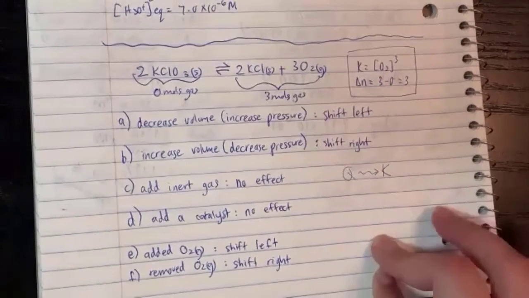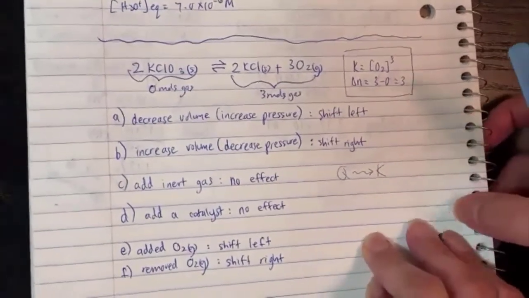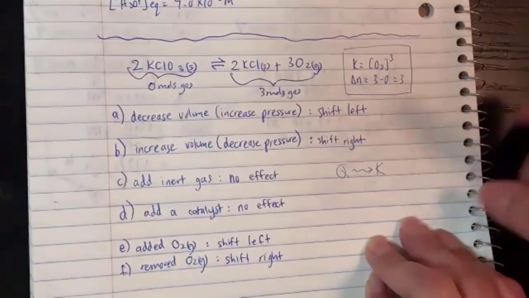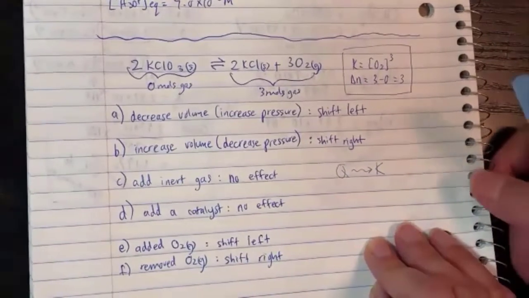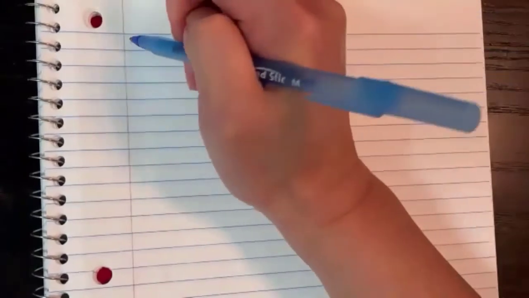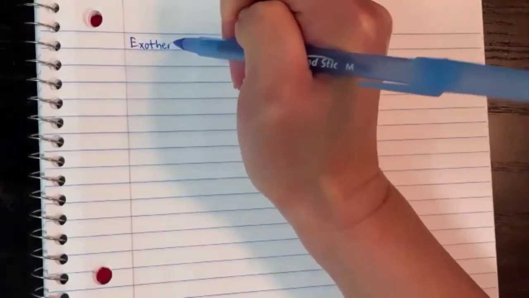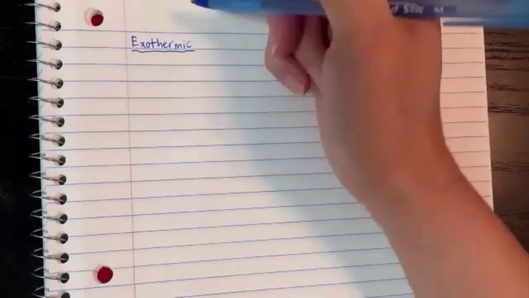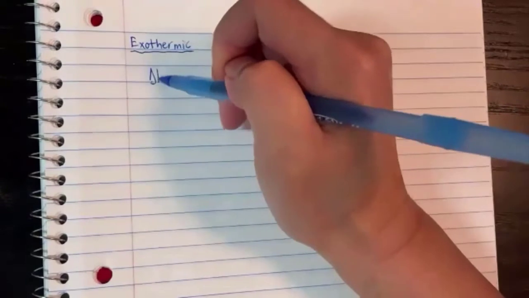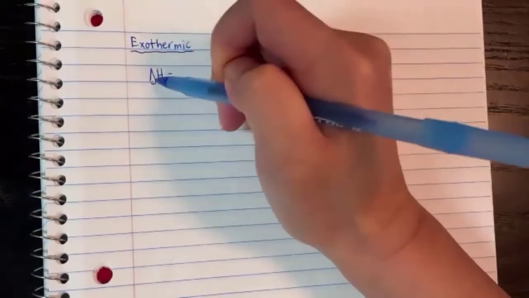Now, let's take a look at if we change our, not concentration, we were talking concentration here. Now we want to talk about temperature. To do temperatures, we have to do a quick little review about exo and endothermic again. Okay, so let's just do the first one. We'll talk about exothermic reactions first. So what in the world is exothermic again? Exothermic reactions, their delta H sign was what sign?